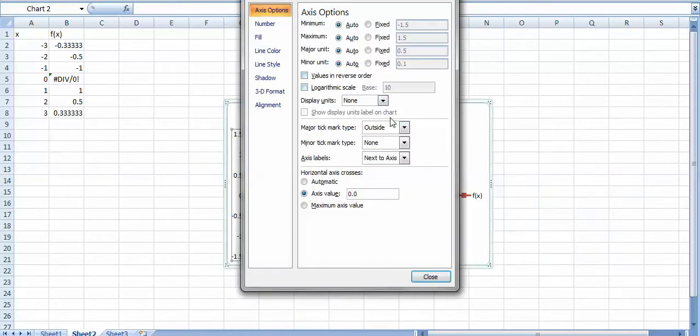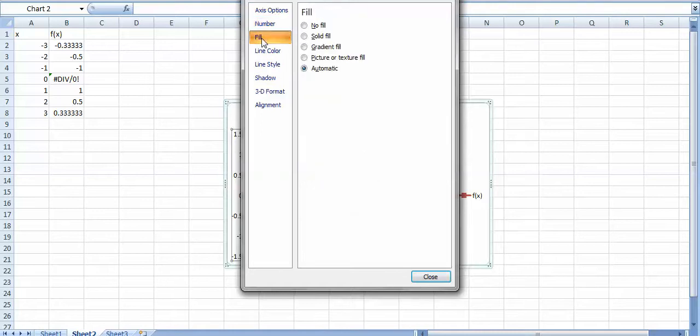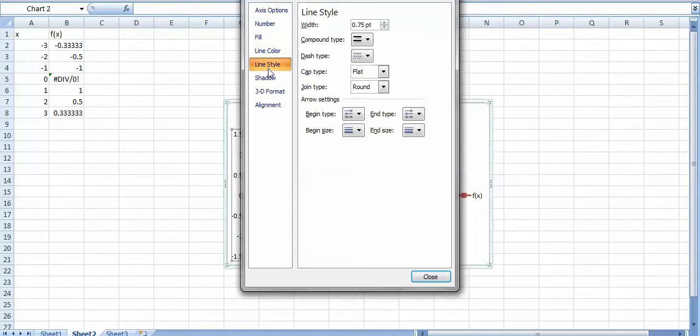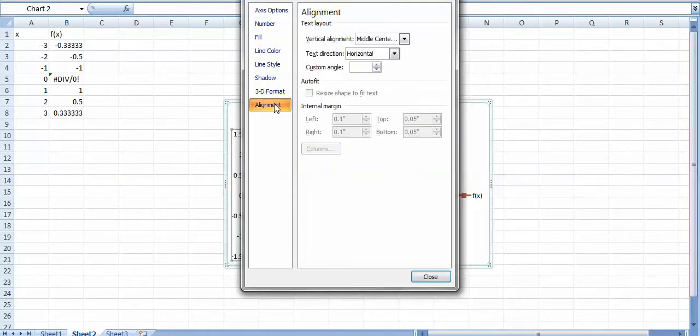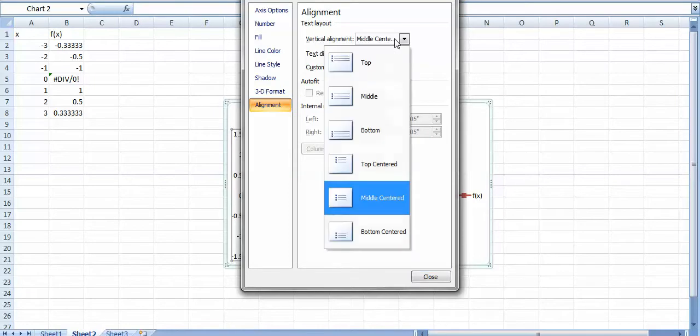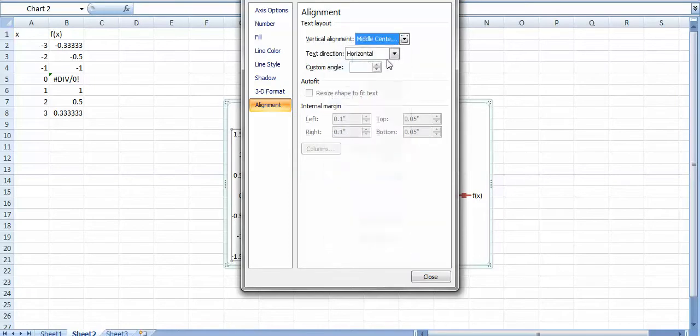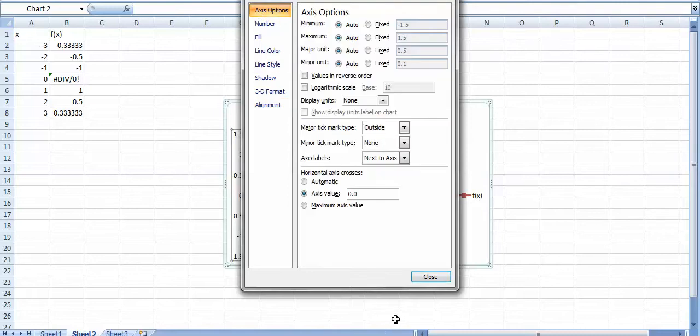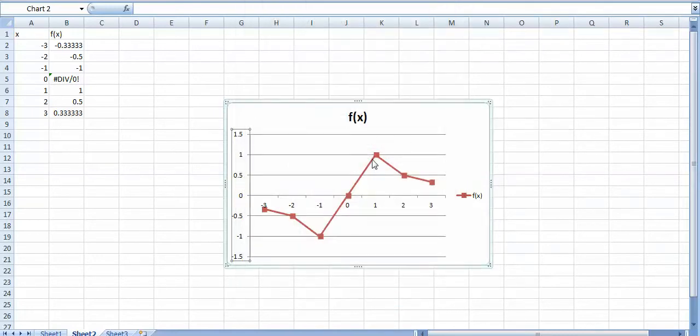They try to make all of these things better, but they don't. Axis labels, next to axis, that makes sense. Alright. Number, fill, line style, shadow, format, alignment. Here we go. Vertical alignment, middle center, text alignment, horizontal. I want to make it so that the thing is right in the middle right here.